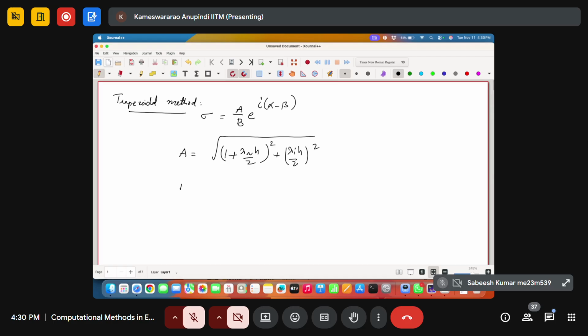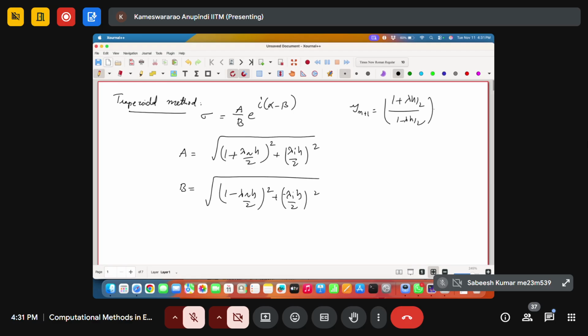Is this correct? If somebody has taken notes, maybe they can verify. Because what we got was yn plus 1 equals 1 plus lambda h by 2 by 1 minus lambda h by 2 times yn. So in the numerator we got plus, in the denominator we got minus, right?